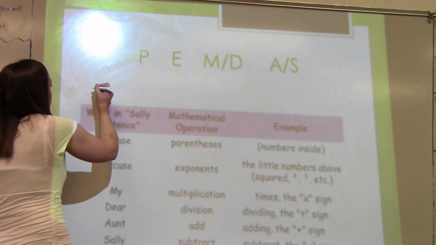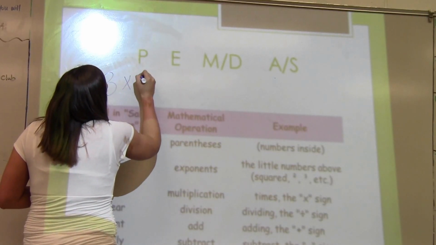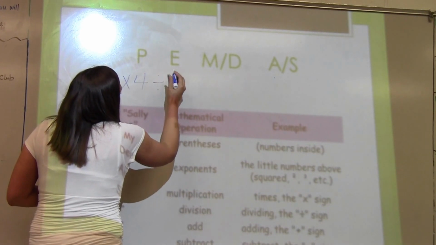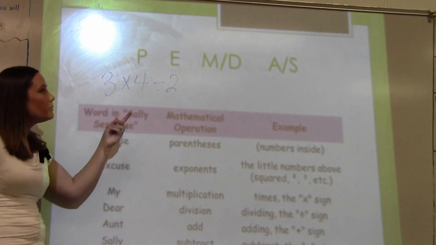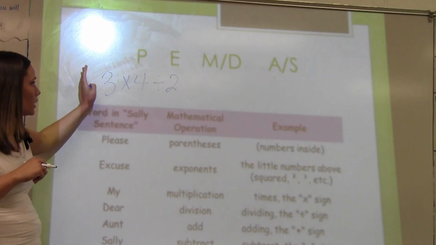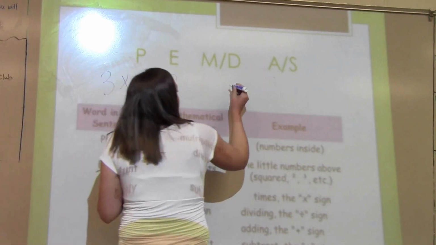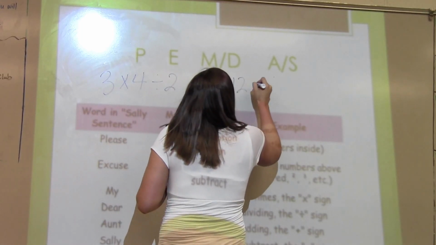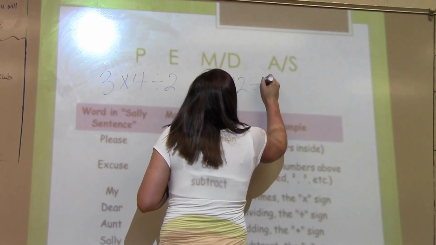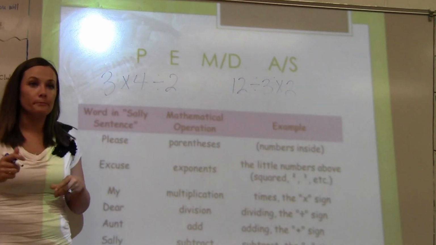So if I give you a problem that said 3 times 4 divided by 2, what would we do first? Multiply. We're looking left to right, and the multiplication happens first. But what if we have a problem that says 12 divided by 3 times 2? What's going to happen first there? Divide.